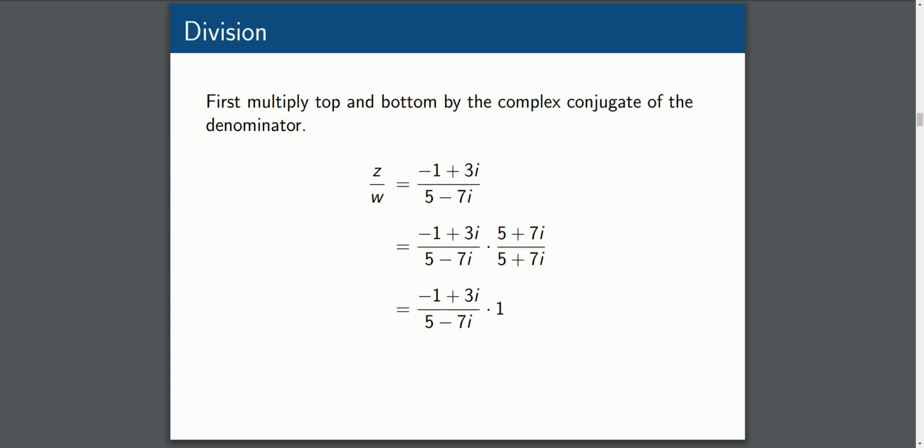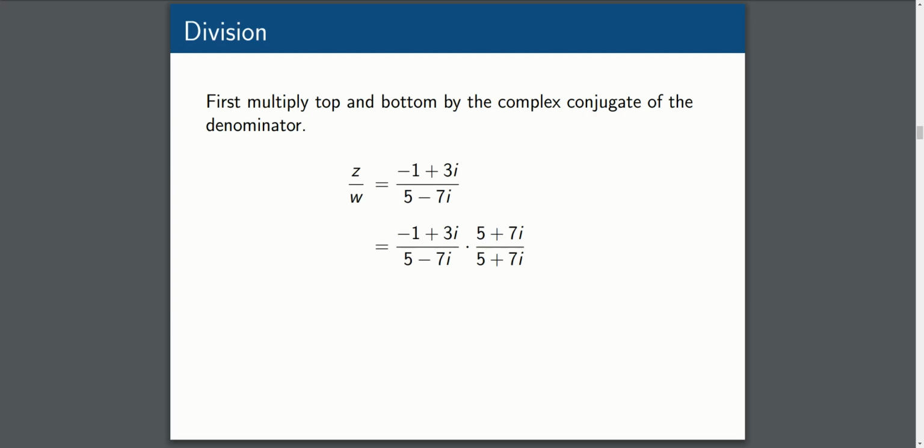When I multiply by 1, I don't change the value of what I have. So I'm not changing the value of z over w. I'm just changing the way that it's written, and I'm going to be able to write it in a form that's more convenient for us. All right, so yes, setting up this multiplication, that is legitimate.